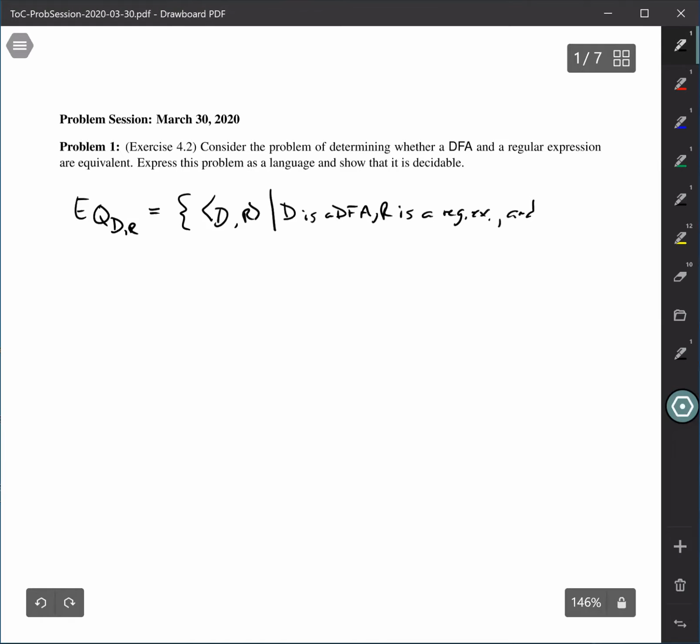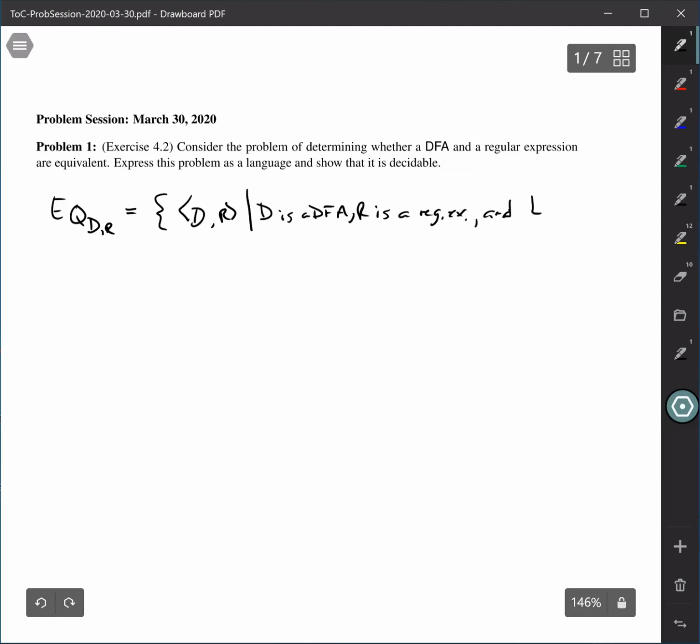And how do we say that the two languages are the same? Good. So L of D is the language recognized by the DFA D, and same idea, L of R is going to be the language that's recognized by the regular expression. And so that's the definition of the language that we're interested in. Okay, any questions about that?